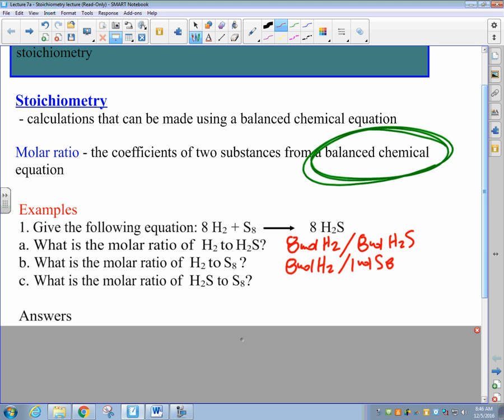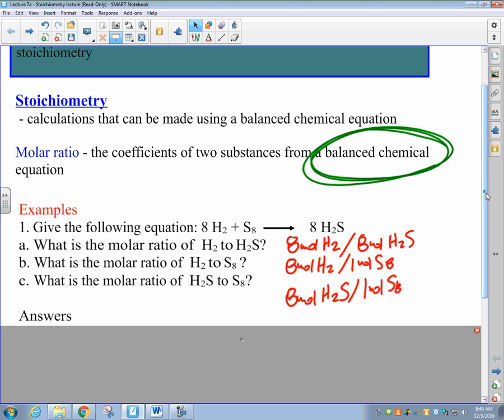And likewise now here, our mole ratio of hydrogen sulfide, the product, to sulfur, for every 8 moles of H2S that are produced, we consume 1 mole of S8. Okay. So again, those mole ratios are essentially the ratios of the coefficients from the balanced chemical equation.